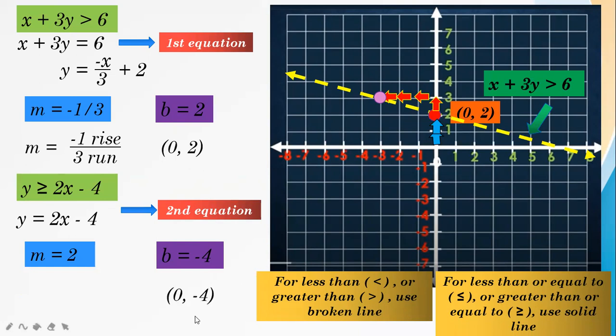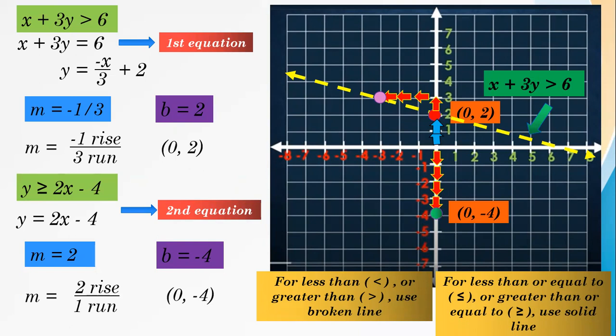So next we have 0, negative 4. So you move below the x-axis 4 units: 1, 2, 3, 4. And this will be your 0, negative 4. This will be your first point, and then using the slope to get the second point. Then we have rise over run.